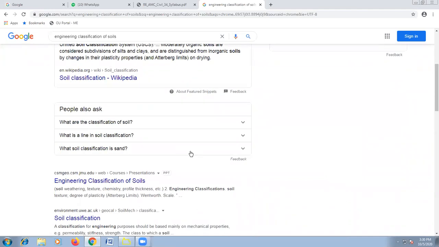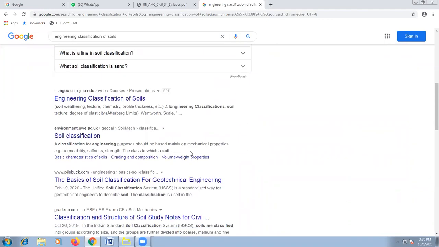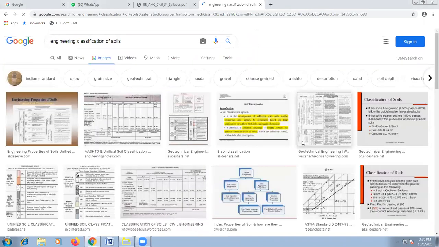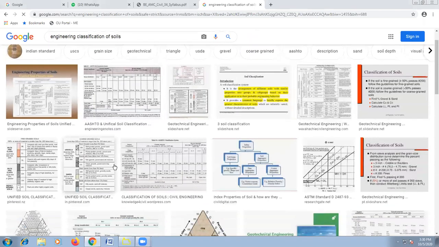Different scientists have come forward and they have all proposed different kinds of classification. First, they are distinguished on the basis of the grades.